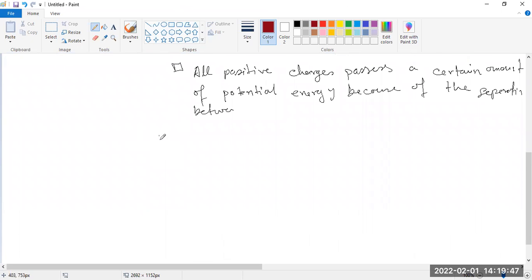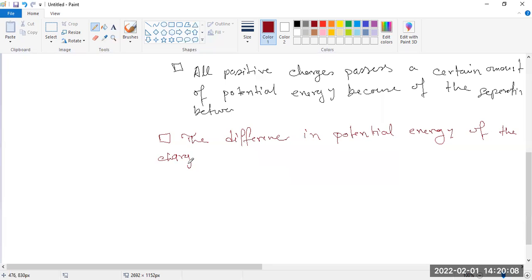The difference in potential energy of the charge is called the potential difference.